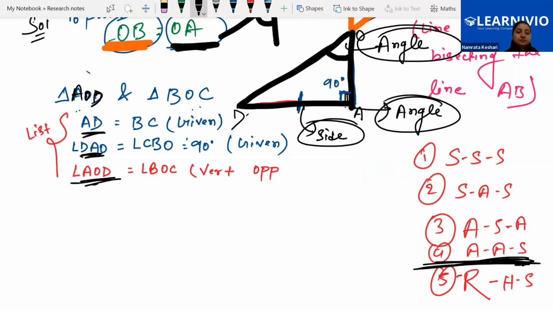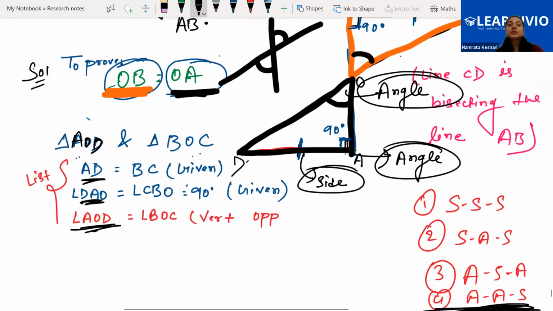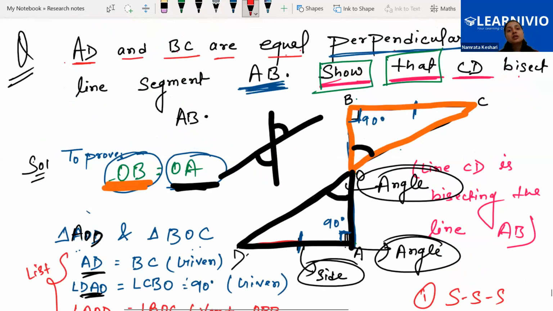Hence, we will say that the black triangle and the orange triangle are congruent with each other, but please be specific with the name, because in our question, the name of the triangle is not given. So this time we have to arrange the names carefully. So far we have not focused on the name.